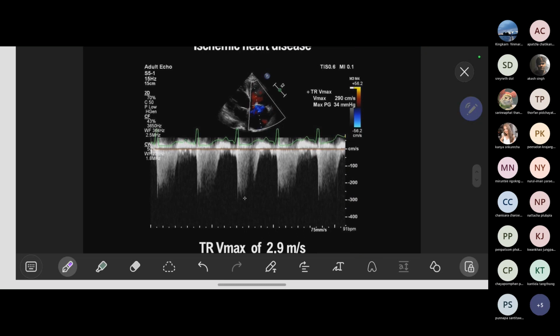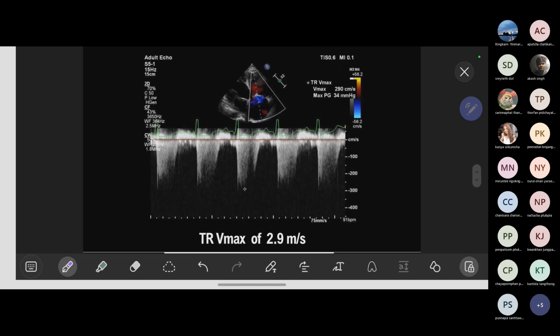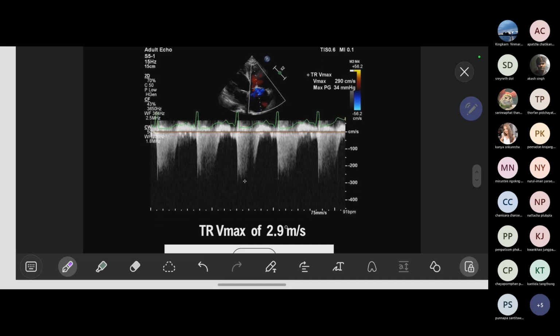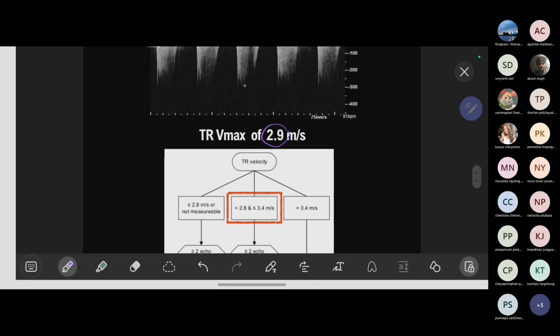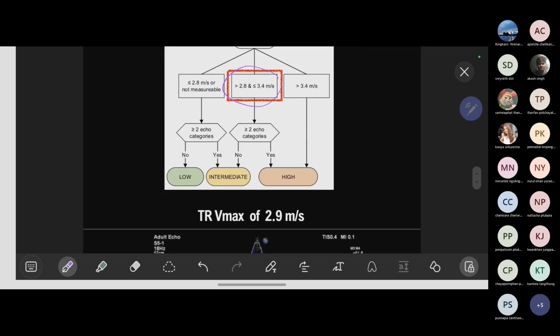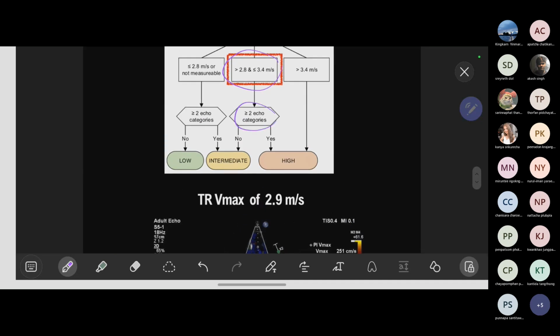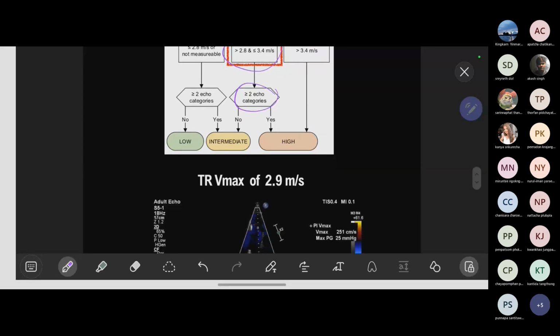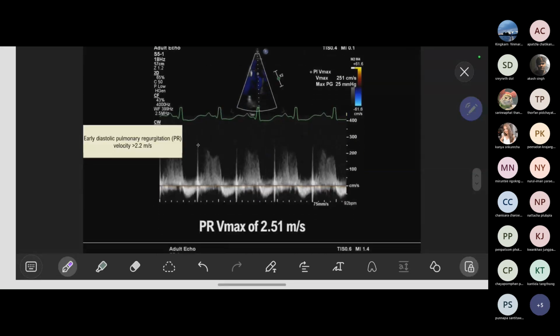Echocardiographic examination shows TR max velocity 2.9, which is in the middle box. So we have to look at the echocardiographic signs.